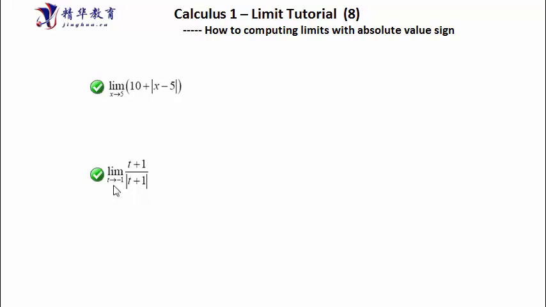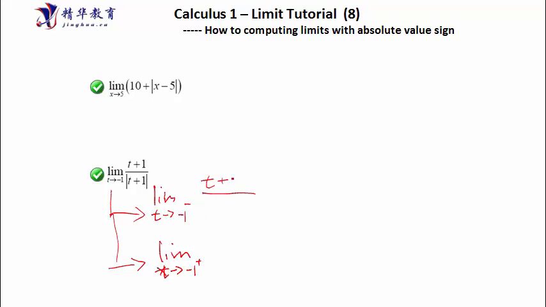Again, when we don't know whether t is bigger or less than -1, we just separate this into two. One is the limit as t goes to -1 from the negative side. The other one is the limit as t goes to -1 from the positive side. Here we have the absolute value of t plus 1.